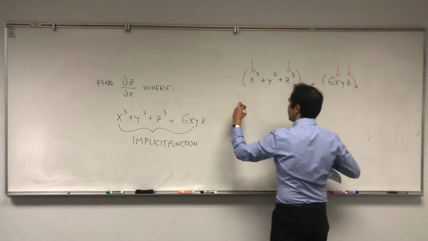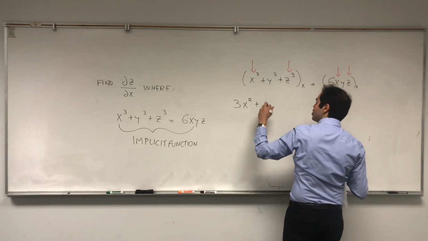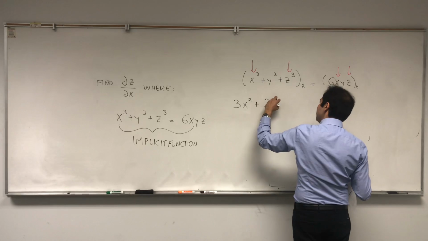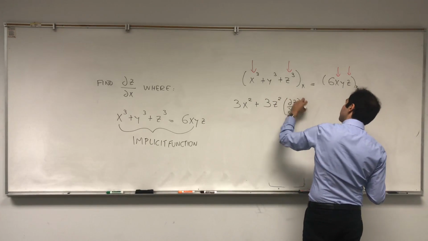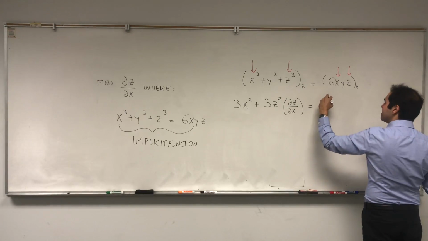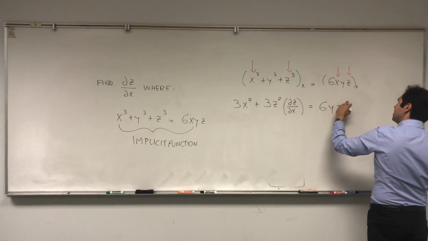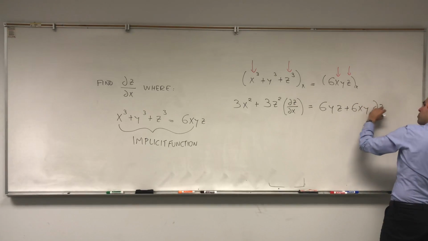So what you get here is 3x squared, and then plus chain rule that, so 3z squared times partial z over partial x. And now product rule that, so we get 6yz plus 6xy partial z over partial x.